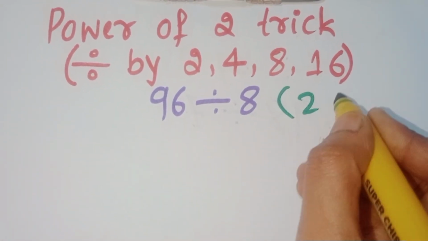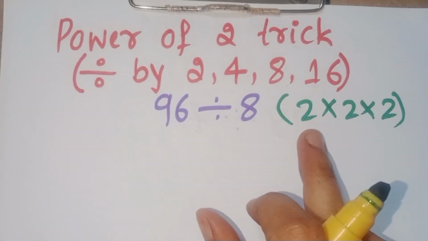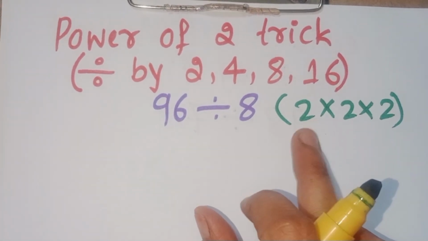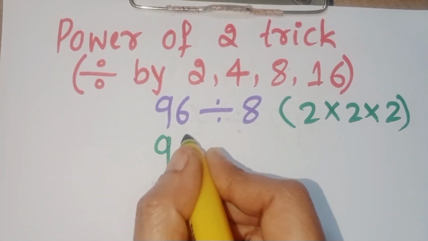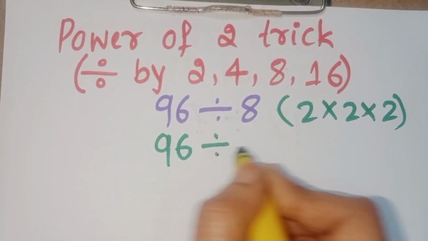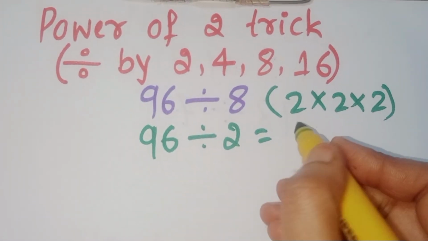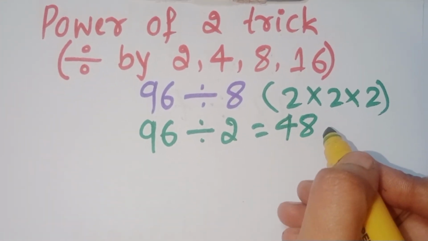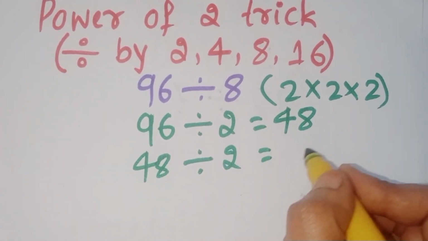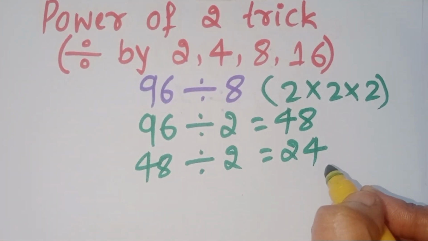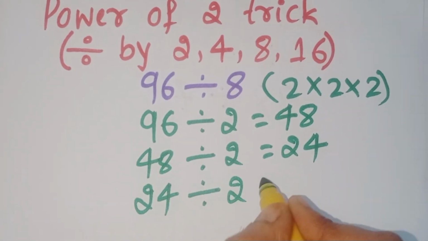8 means 2 into 2 into 2. Halve the number 3 times. 96 divided by 2. 48. 48 divided by 2. 24. 24 divided by 2.